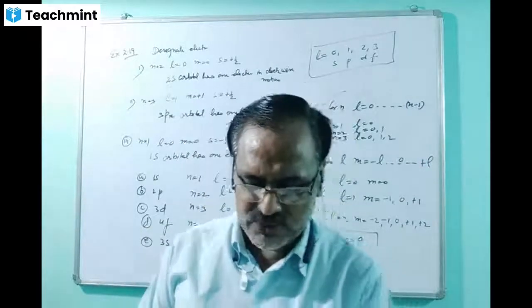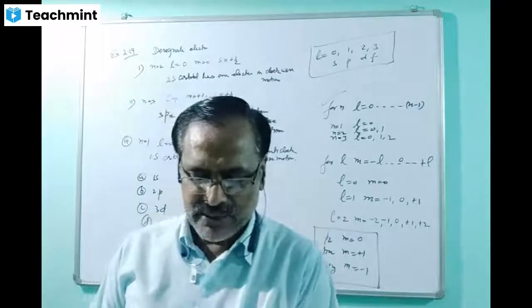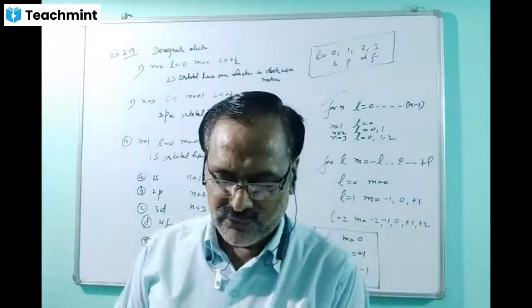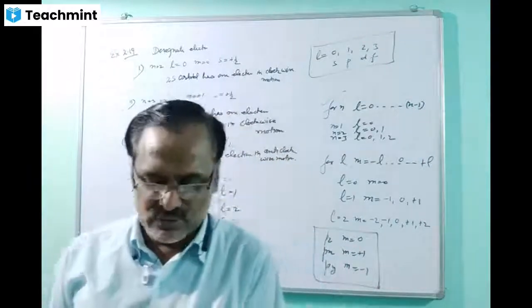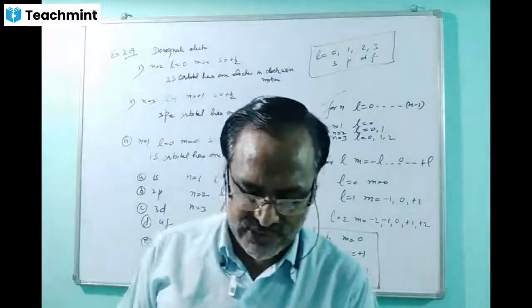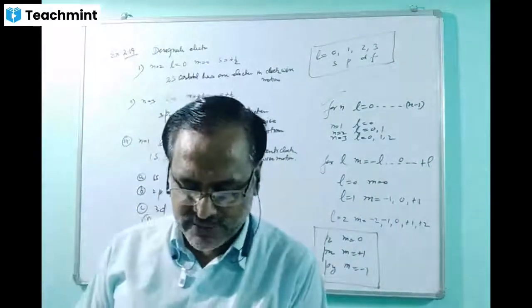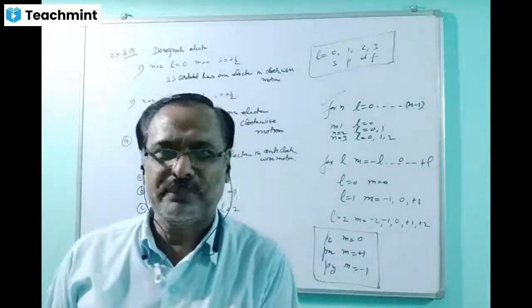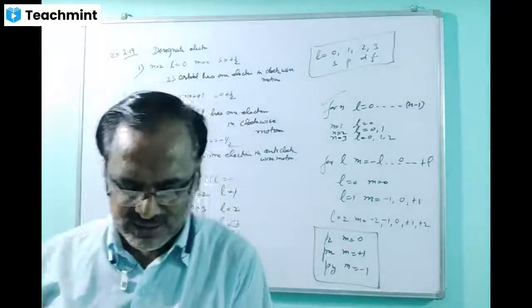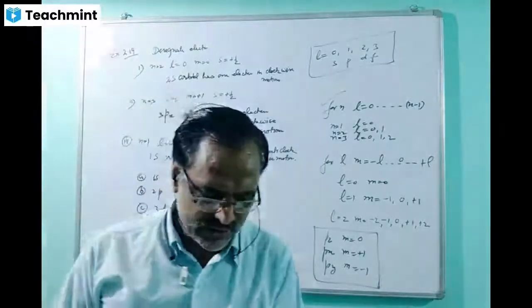This B is possible, then C is not possible because N is equal to 2, so the value of L cannot be 3, because for N, L ranges from 0 to N minus 1. So that's why C is not possible. Then E, as I have given you, the value of N cannot be 0. So here it is given N is equal to 0. So that's why this is not possible.